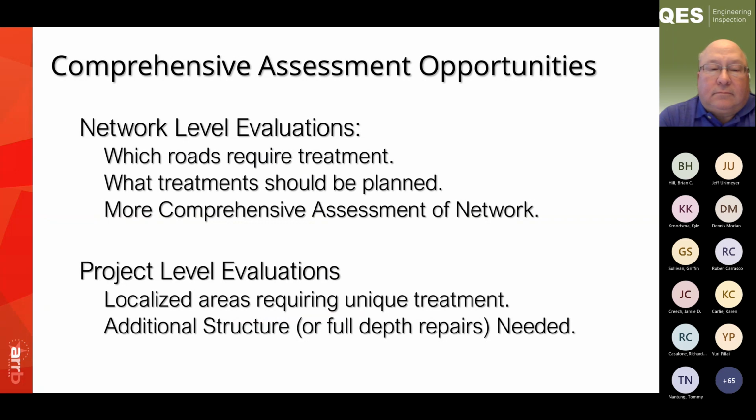But the reality is we're starting to close this gap between network level and project level. When you're collecting data continuously at traffic speeds, it's granular enough that you could take network level data and use it on project level applications. So hopefully people keep that in mind as they're starting to think about how they might want to pursue the approach for this project.